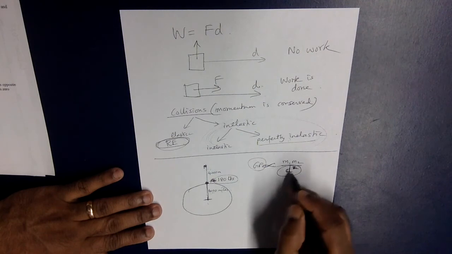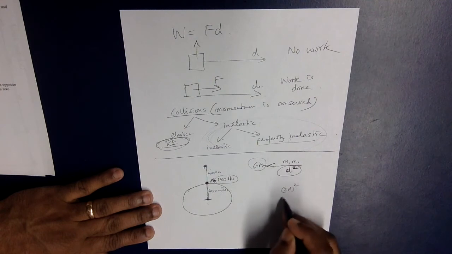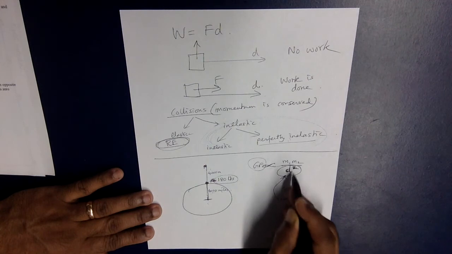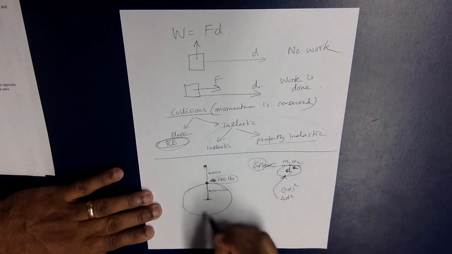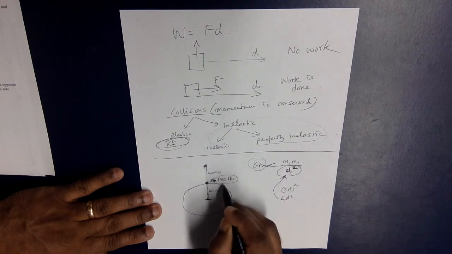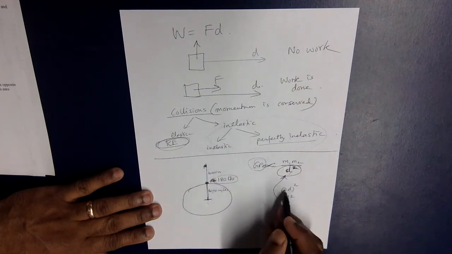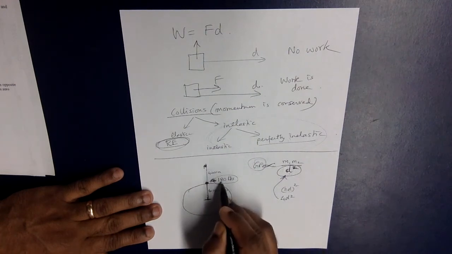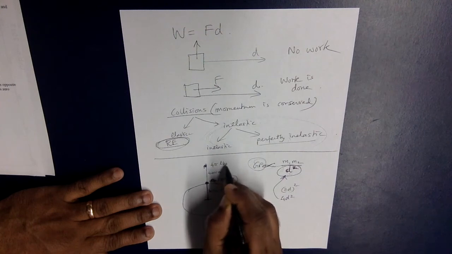Instead of d, if it becomes 2d, when you square the 2d, you get 4d square. There's an extra 4 sitting here. That means the gravitational force drops by 4 times. So at this point, the gravitational force is going to be smaller because you're going away from the earth. How many times smaller? 4 times smaller. 4 times smaller than this is 45 pounds.